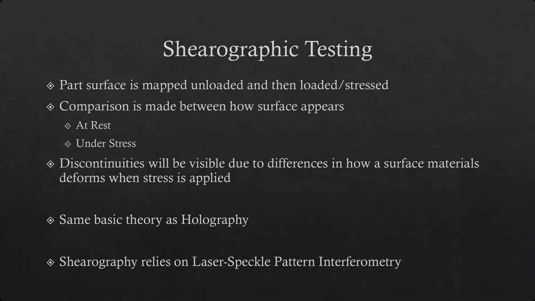And so rather than using a coherent laser, in this case, we're going to project a speckle pattern, a non-coherent light onto a surface. So you've probably all seen, if you look at something shiny, sometimes it's hard to see contours on a surface or see things, right?